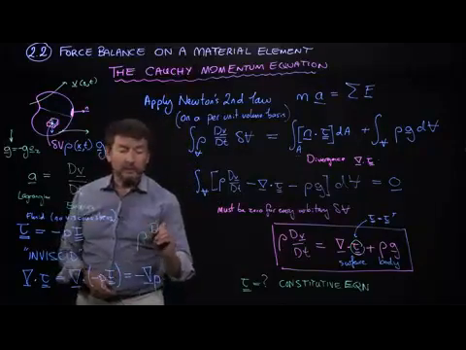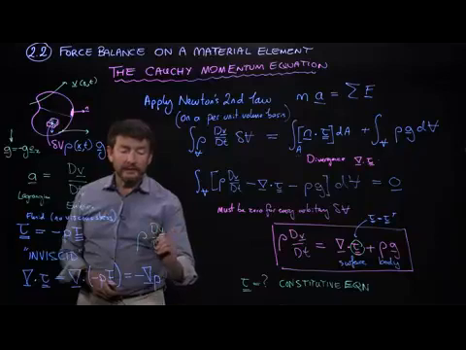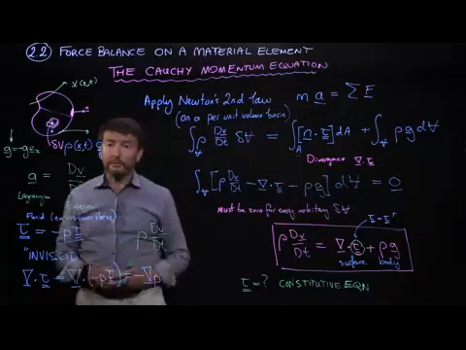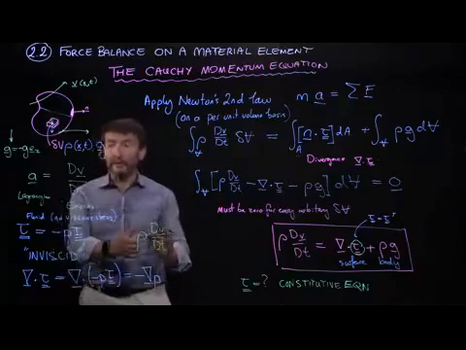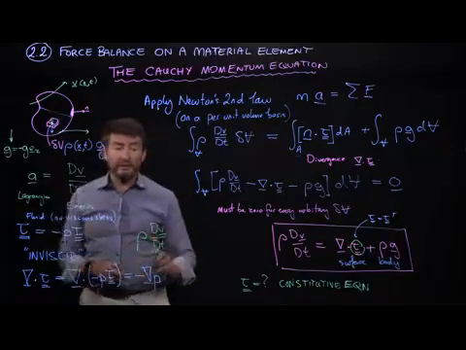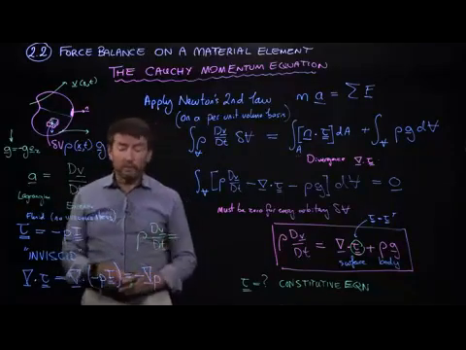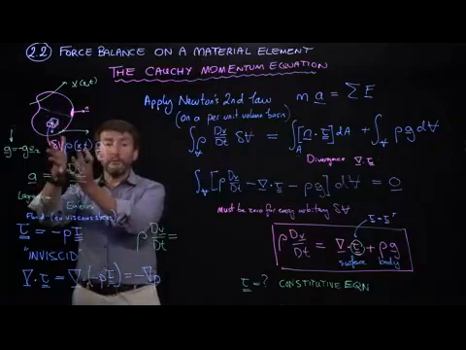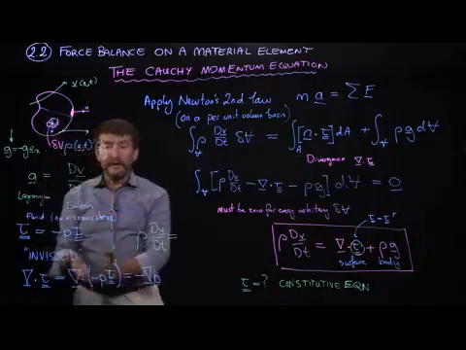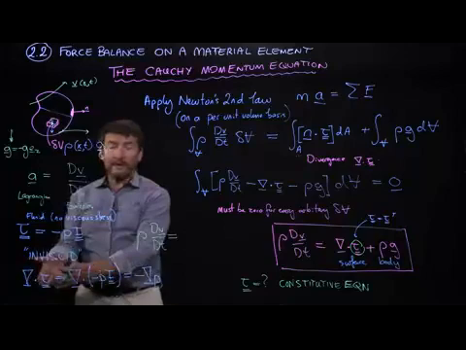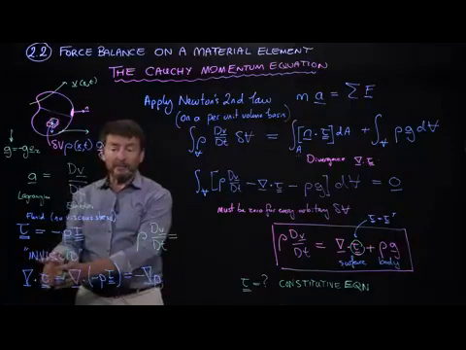If we combine this with this statement, then we get a much simpler equation, which looks like rho dv by dt: mass per unit volume times acceleration of a material element, using this idea of a material derivative, is equal to the divergence of all of the forces acting on the surface. The divergence of all the forces is given in terms of a force per unit area, which is a stress.